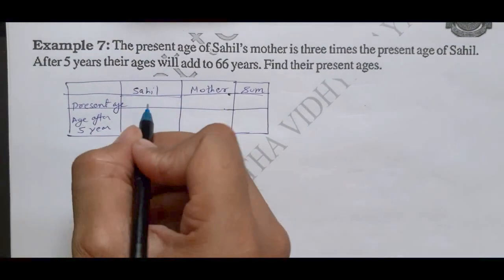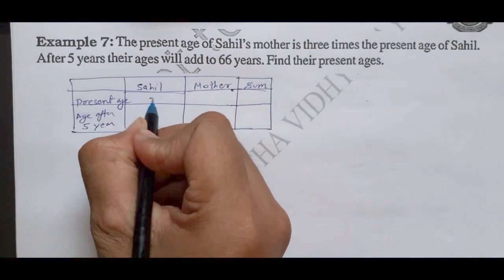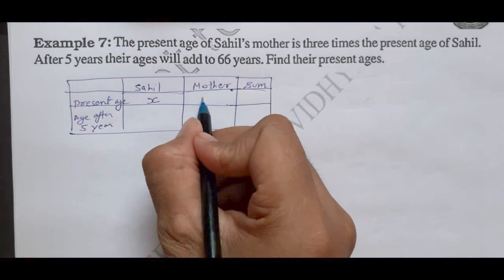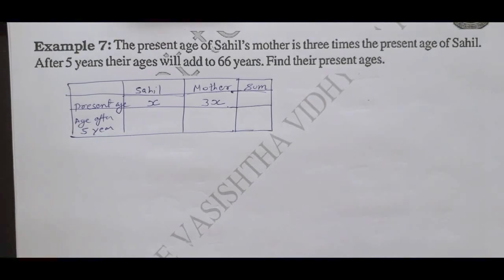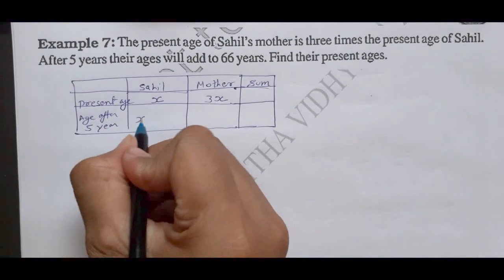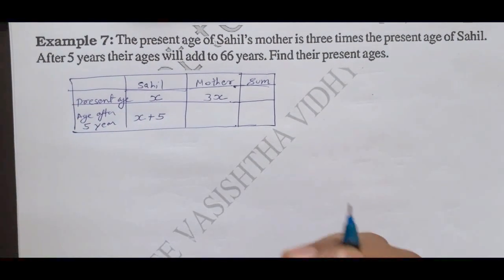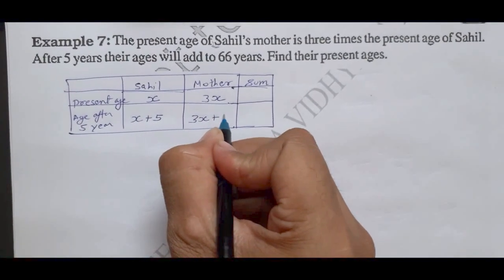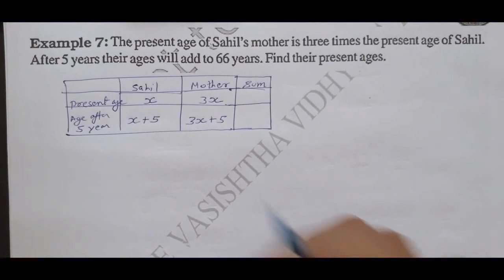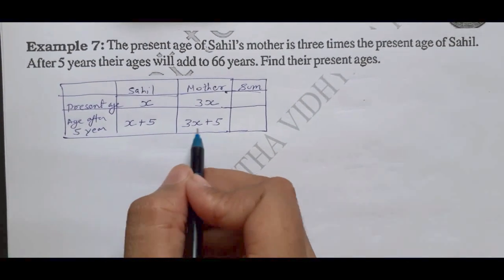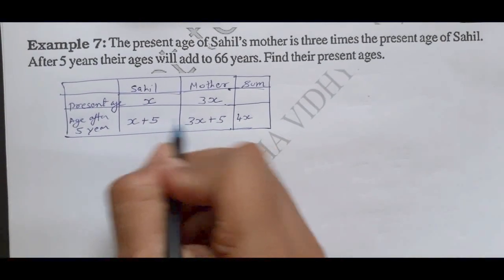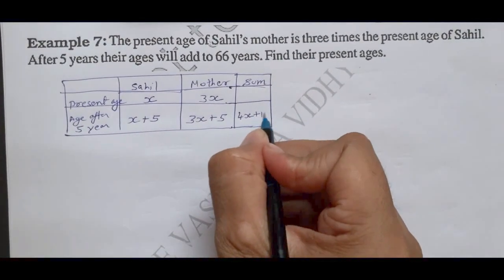So now let us consider Sahil's present age to be x years. So his mother's age will be 3x. Now after 5 years, Sahil's age will be x plus 5. So his mother's age will be 3x plus 5. And their sum, now if you add this, 3x plus x will be 4x and 5 plus 5 will be 10.